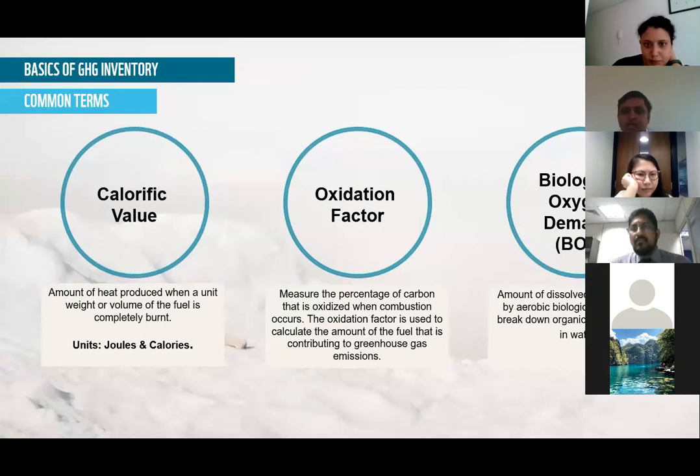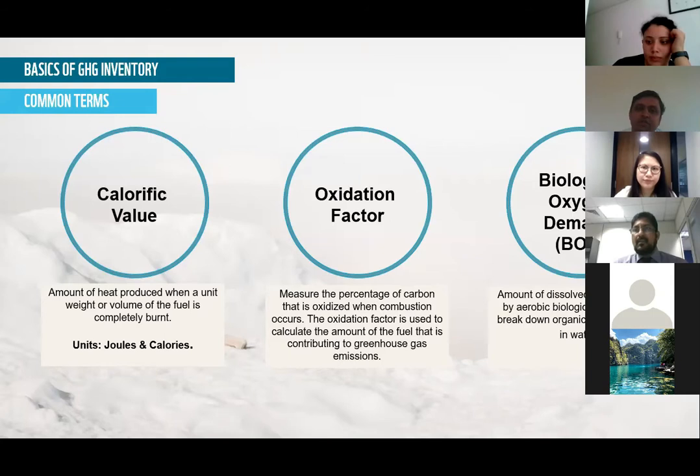Then biological oxygen demand. This is used to calculate emissions from wastewater treatment. And it is essentially the quantity of oxygen that the microorganisms present in water would need to oxidize the organic content present in that wastewater. For example, the sewage water that is treated at various municipalities, sewage treatment plants, there's a heavy organic load in it.